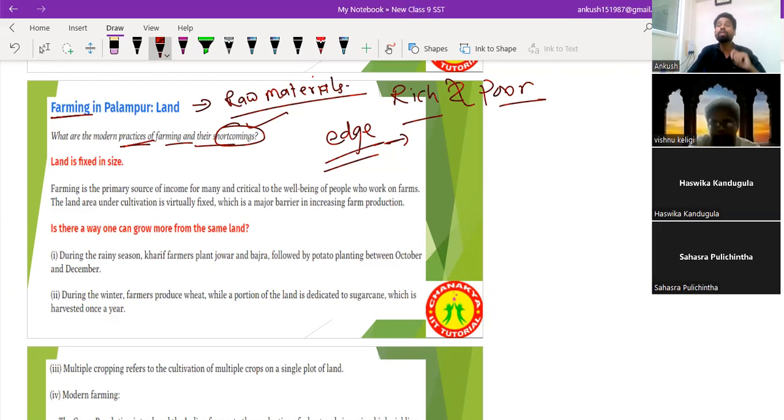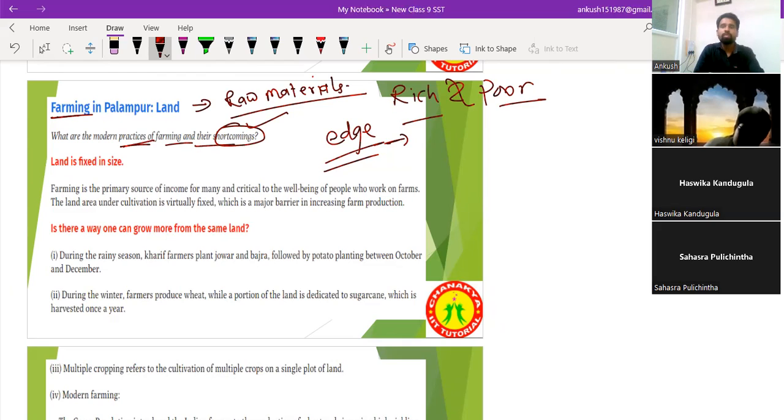And if you are using these nowadays, what happened? The human beings have been replaced by the machines, and that is why the number of laborers in the fields is less.